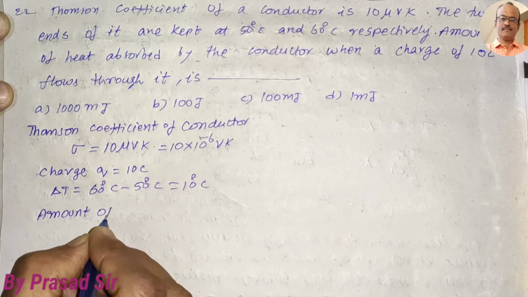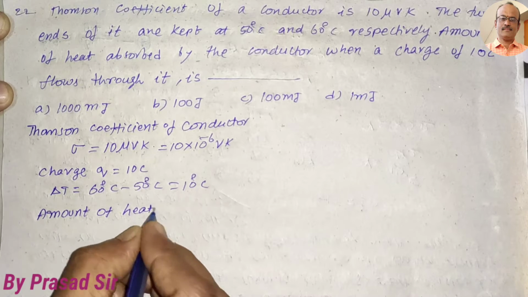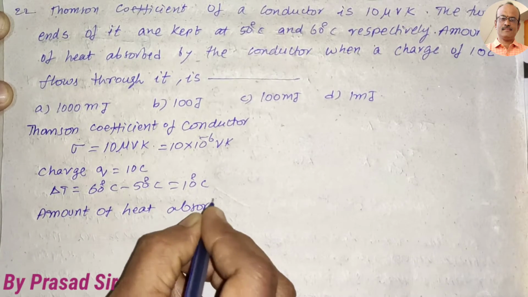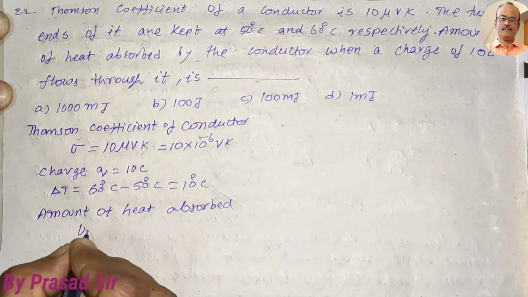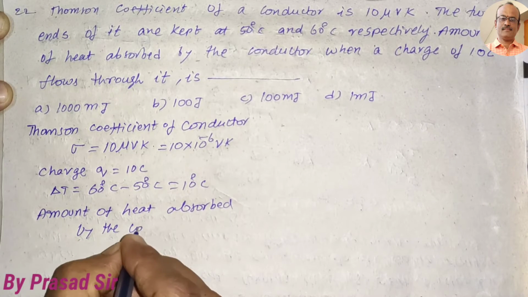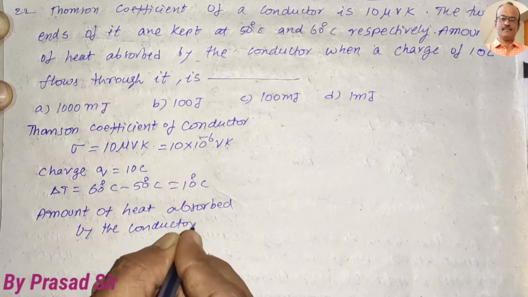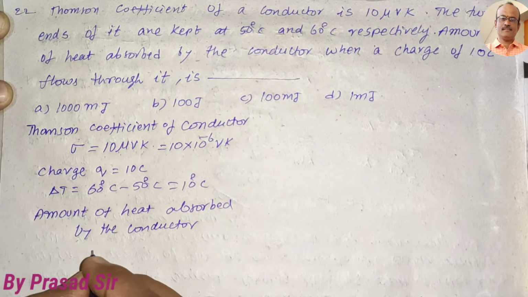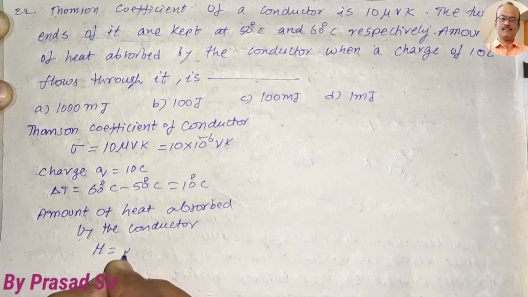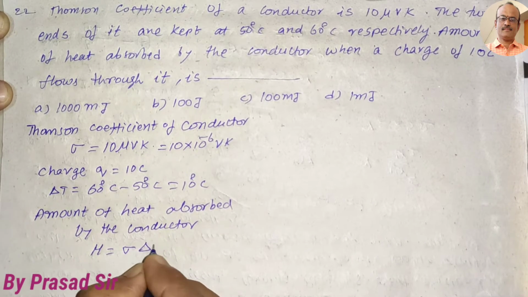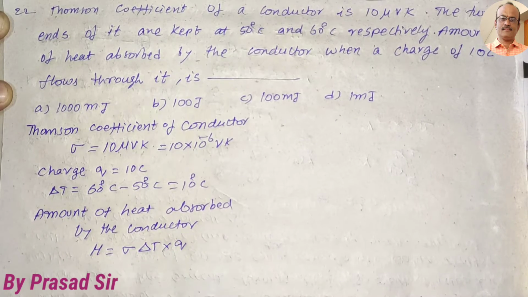Amount of heat absorbed by the conductor. So that means heat absorbed by the conductor H is equal to sigma times delta T into Q.